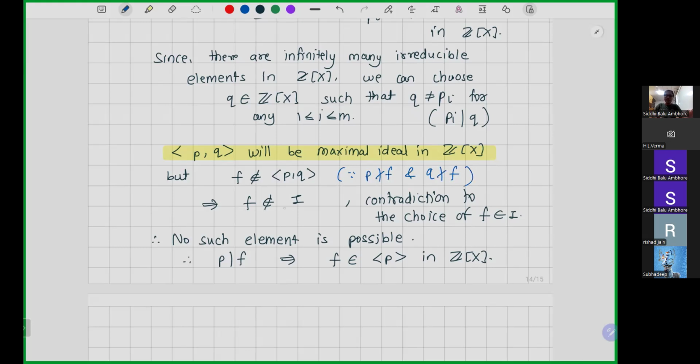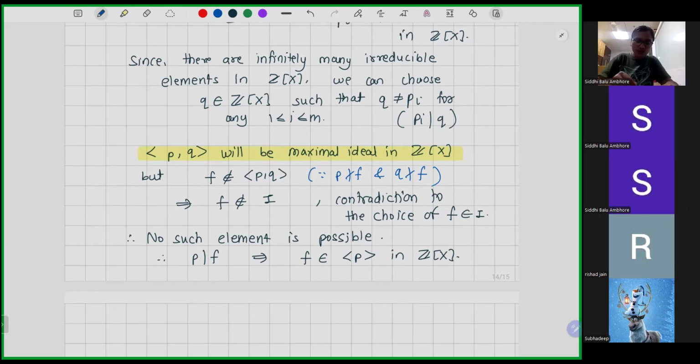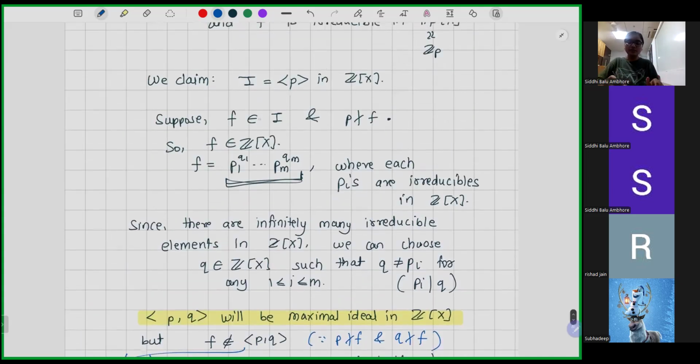This implies that F should not be in I, because I was the intersection of all the maximal ideals containing P. This is a maximal ideal containing P, but it does not contain the F which we started with from the intersection.